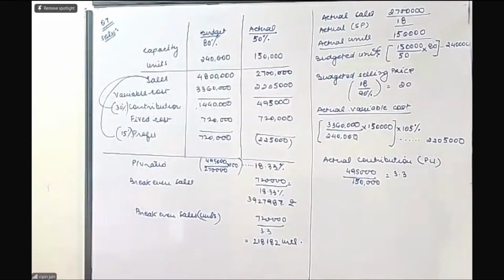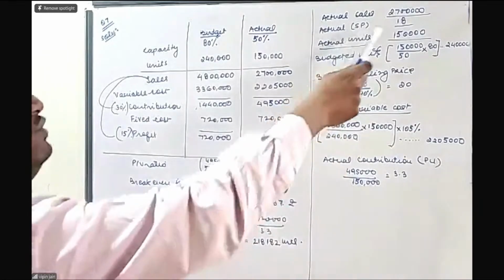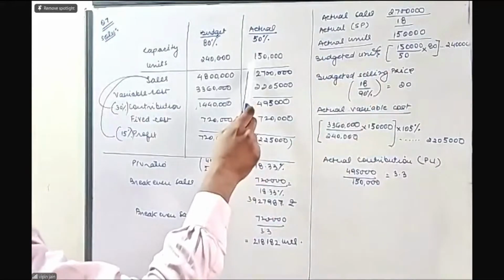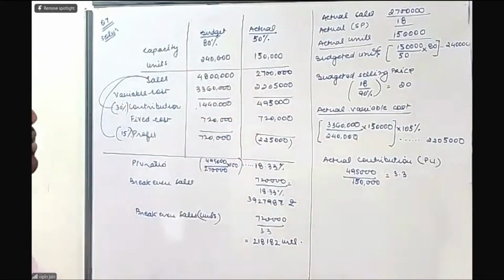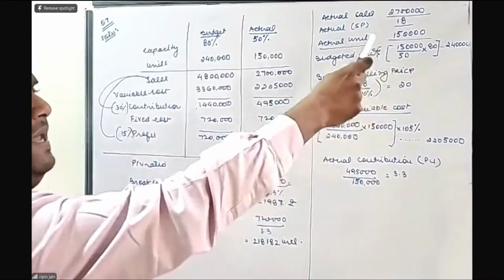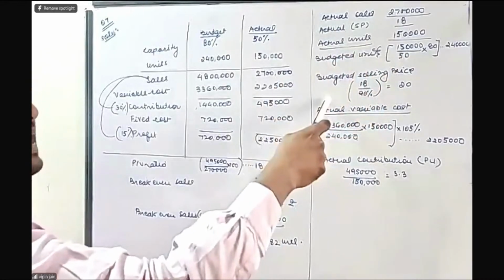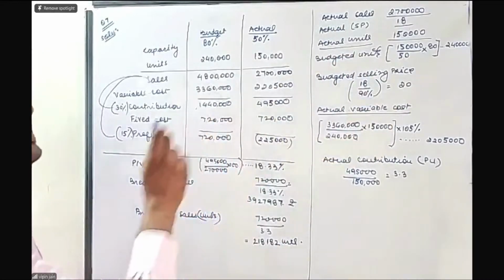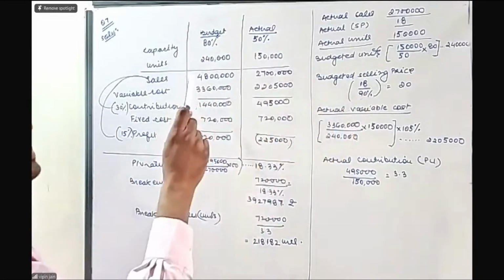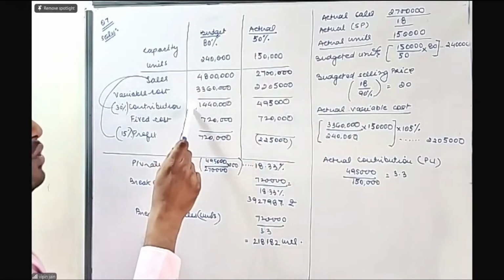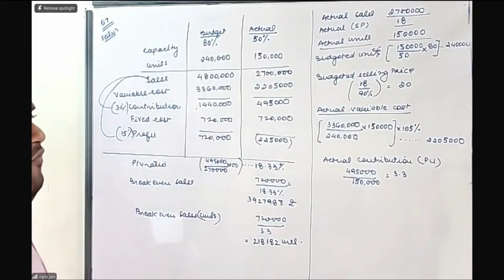So explaining the solution once again, we started with actual units calculation. So 1,50,000 were my actual units. So we were able to calculate our budgeted units, that is 2,40,000. Thereafter, my actual selling price is given. So with the help of actual selling price, we calculated budgeted selling price. Once we have budgeted units and budgeted selling price, we calculated sales, variable cost, contribution, fixed cost, and profit.